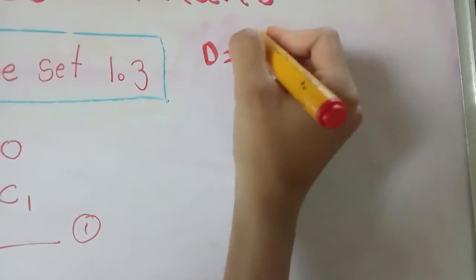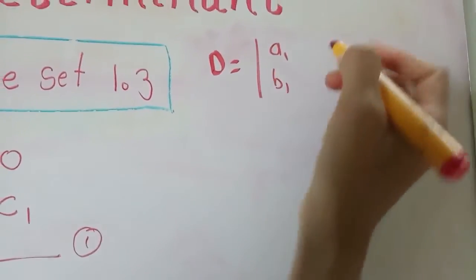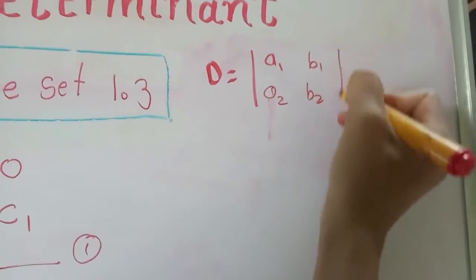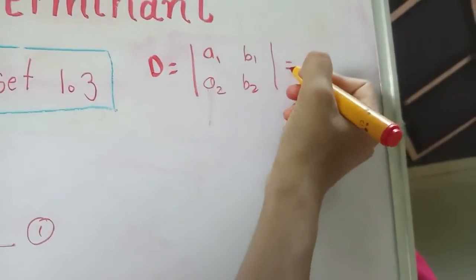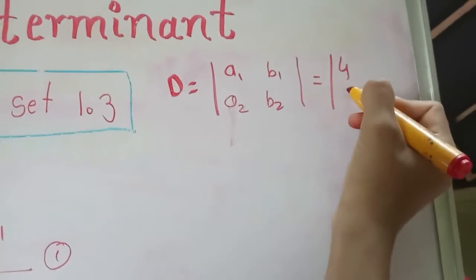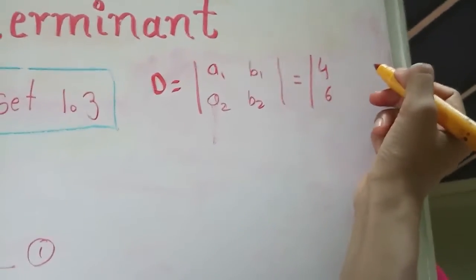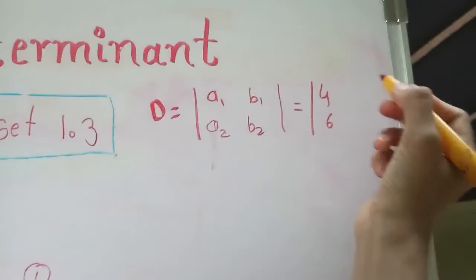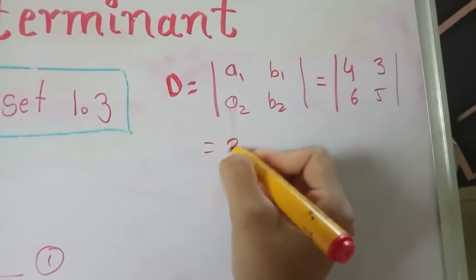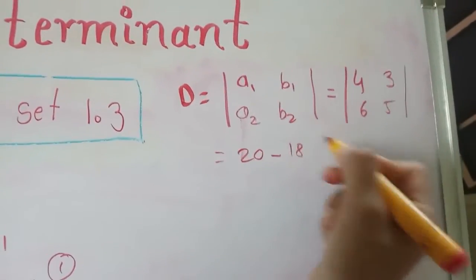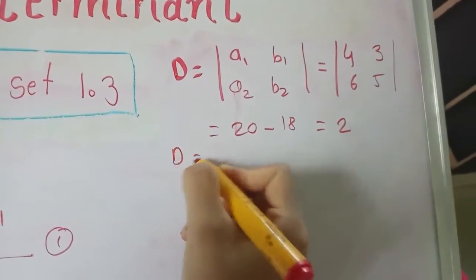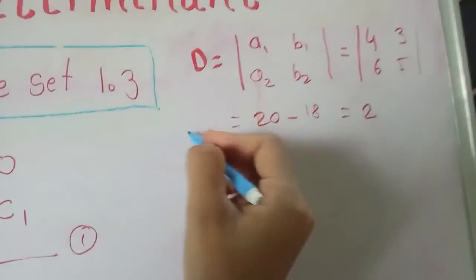So d is equals to determinant of a1 a2 and b1 b2 is equals to value of a1 is 4, value of a2 is 6. So b1 is 3 and b2 is 5. 5 4s are 20 minus 6 3s are 18 is equals to 2. So d is equals to 2.